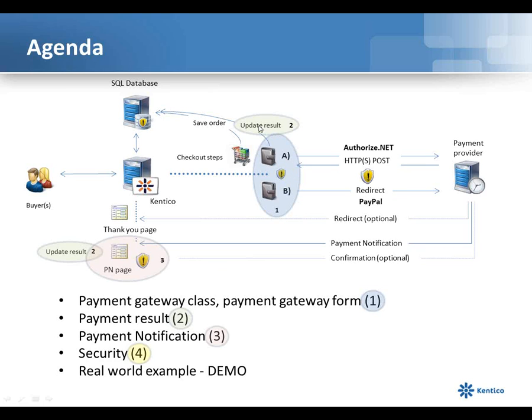Then we'll take a look at how to work with the payment result, or how to update it in Kentico. What options do I have? Then we'll try to discuss the payment notification page, which might not be used in all cases, but it's good to know about this option.